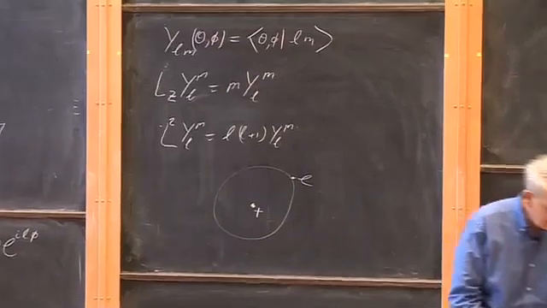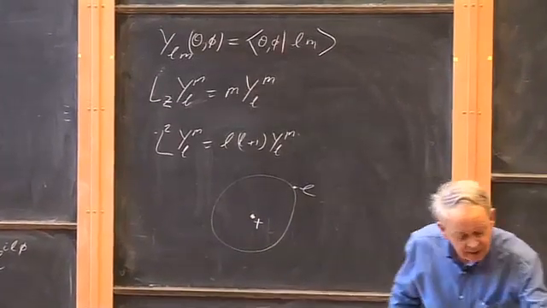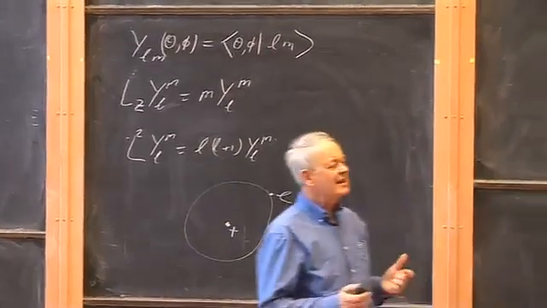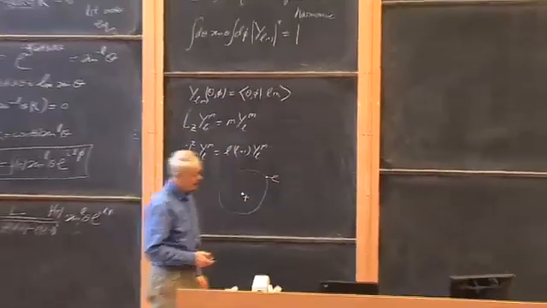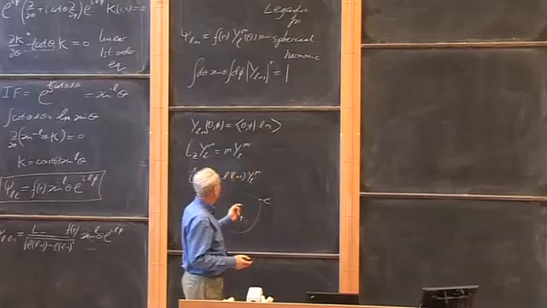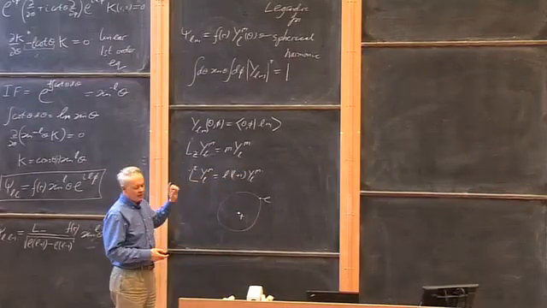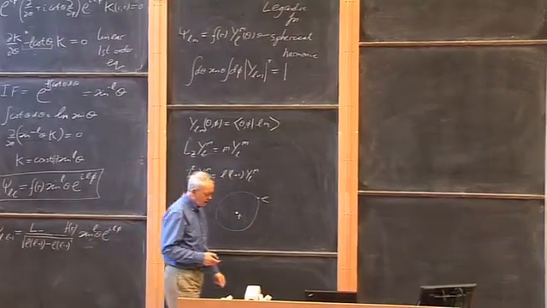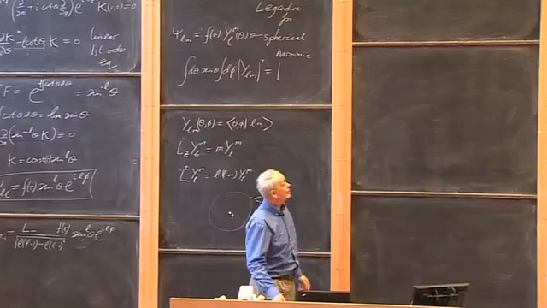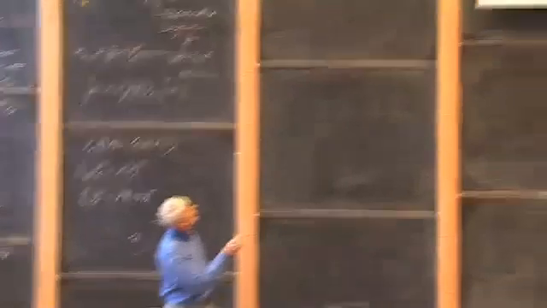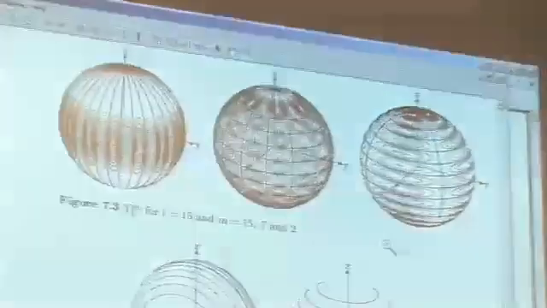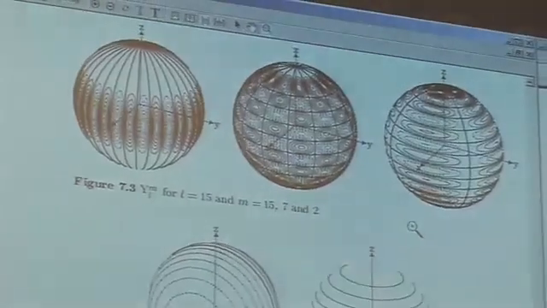What can we understand about these mathematical functions YLM in terms of what we understand intuitively about how an electron should go in an orbit around its nucleus? So the place to start is when L is large, because that's when we're approaching the classical regime for which we have some grip. The pictures at the top here are contour maps of the real part of YLM.